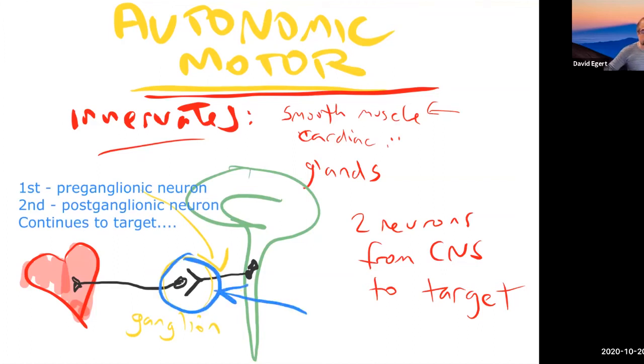I should also mention this synapse in the ganglion. This is just kind of a relay. So this just keeps the message going. And this is just a cholinergic synapse with nicotinic receptors. What that means is this pre-ganglionic neuron releases acetylcholine.